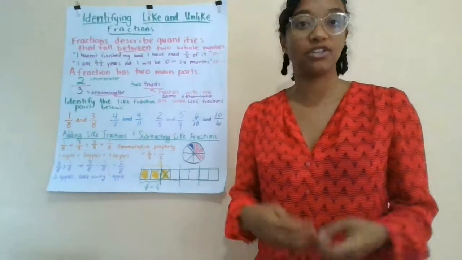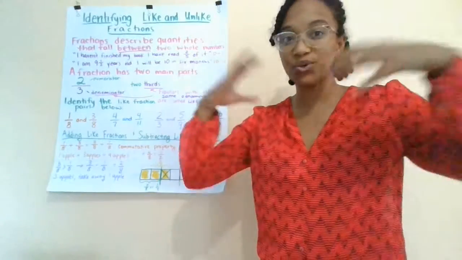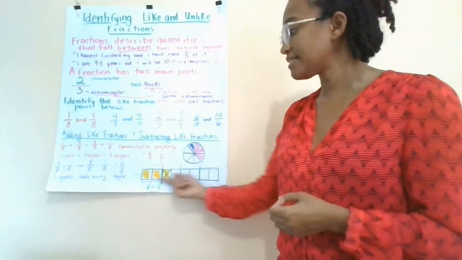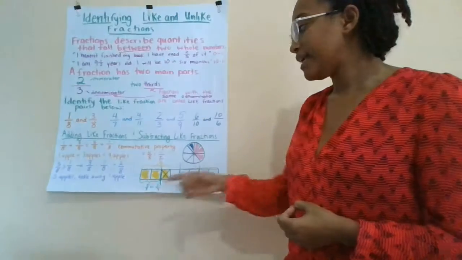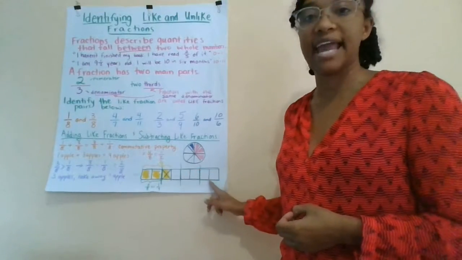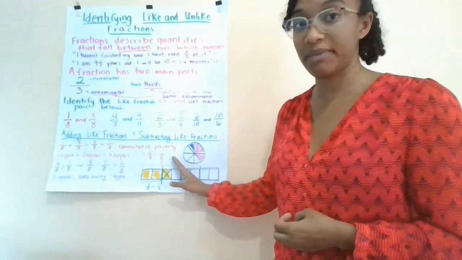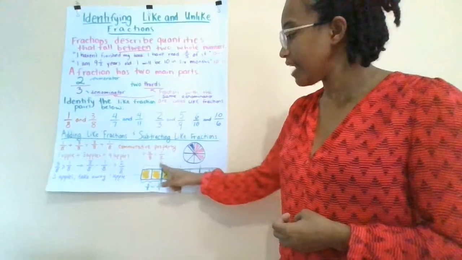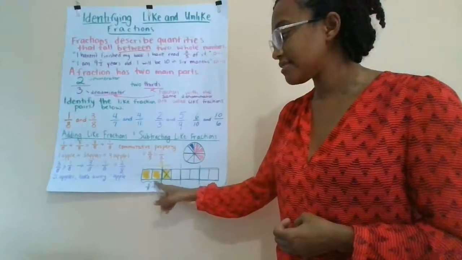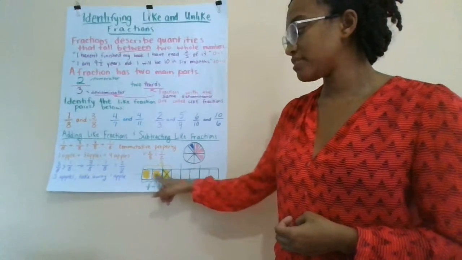Our answer would be 2 apples, right? Not just 2 anything. So I've drawn this out on a bar model. We can see that the bar was split up into 8 equal pieces. I colored in 3 because that was the number we began with, 3/8. And I've crossed out one of those 8s. So now we can see just 2/8 are remaining.